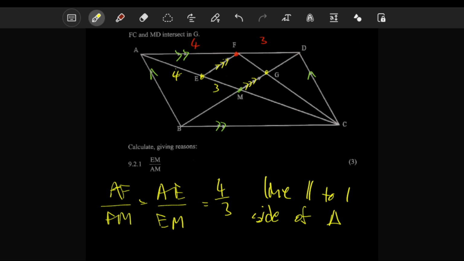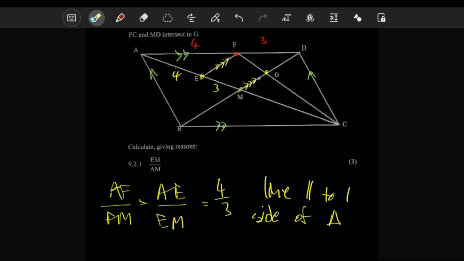Yep, that is what you do for these kinds of questions. It's not bad. So we have stated what AF over that one is, line parallel to one side of triangle.